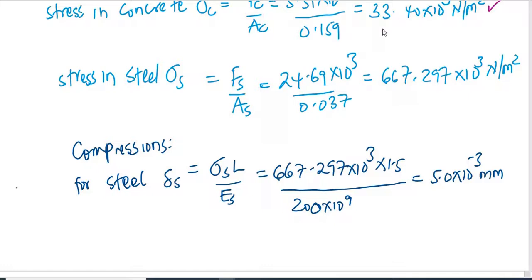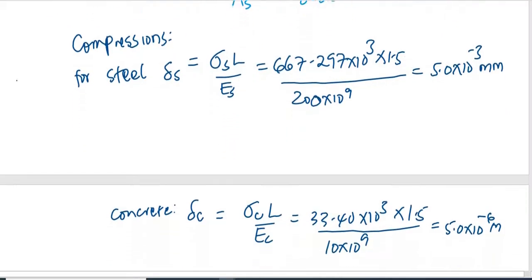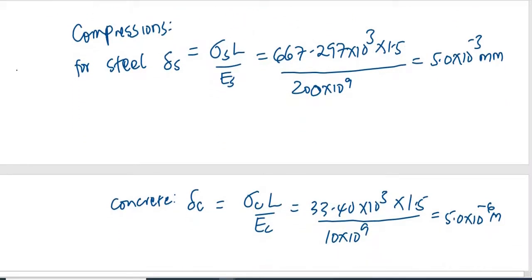And so we have to look for the compressions, because if this weight is supported by that compound component, then we need to find the respective compressions undergone by concrete and by steel.